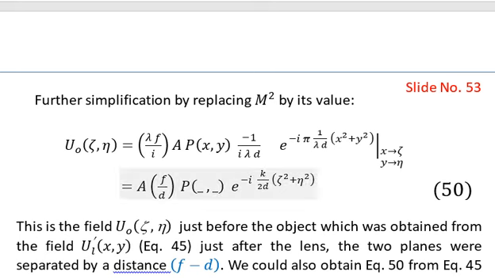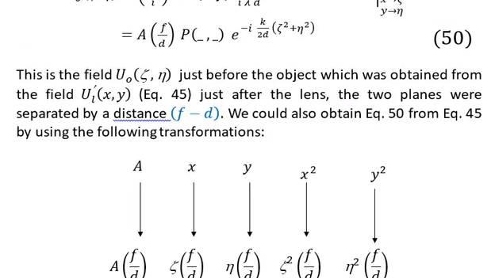But you know that we have replaced x square and y square in the exponent, which is now e to the power minus iota k over 2d, and within the parentheses zeta square plus eta square. Now if we could address p, the pupil function, with its right coordinates, then equation number 50 will be complete.